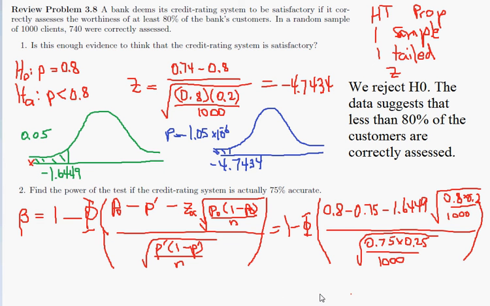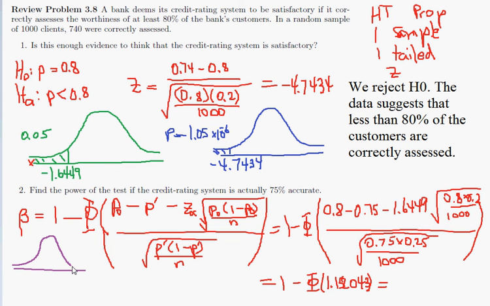Okay, so then we just simply plug into the calculator, see what this is, and we get 1 minus phi of 1.152043. Okay, so we need to find the area to the right.